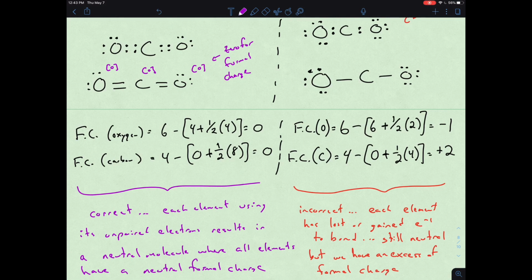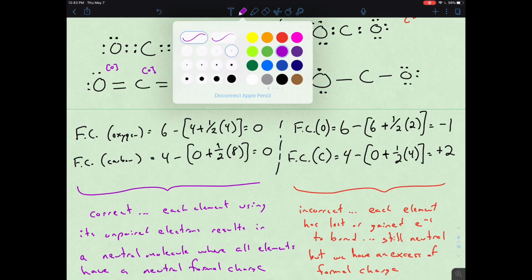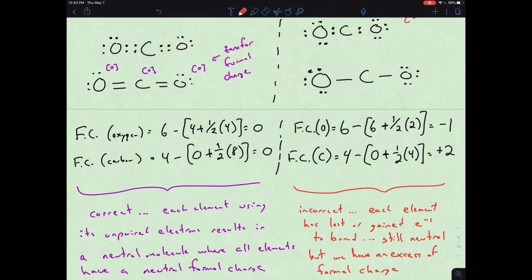If we look at the other version of carbon monoxide that we drew, which is really incorrect, we really have a -1 for the oxygens, and we actually have a +2 for the carbon. So there's that excess of formal charge.